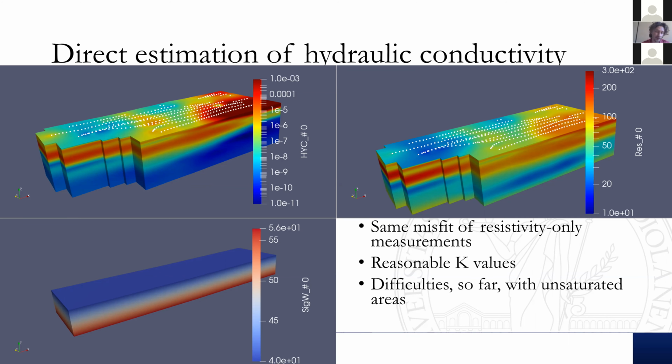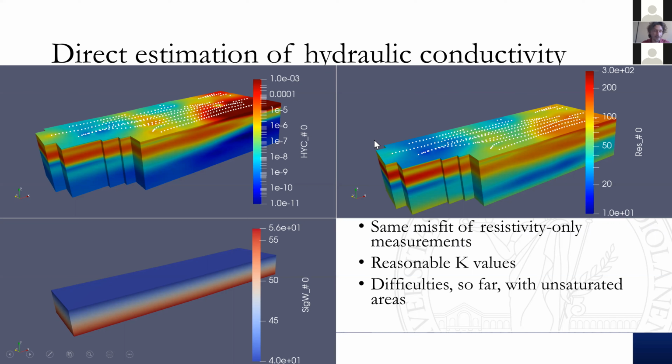The major problem we have so far, and we're working on it, is to try to fit the data also in areas where the medium is not saturated. So in areas that are really resistive because the water table is 20, 30 meters below ground, we're not yet able to fit the data as well as resistivity-only inversion. And this is because in our petrophysical equation, it's quite difficult to take into account also the water saturation.